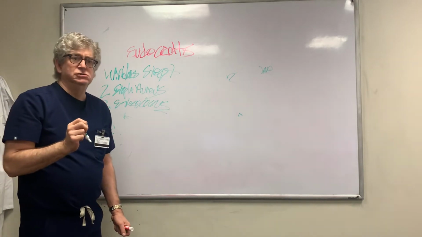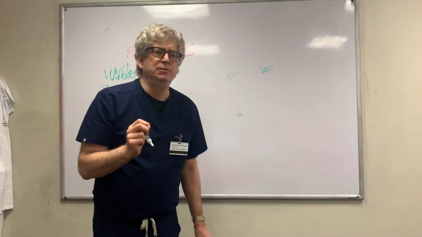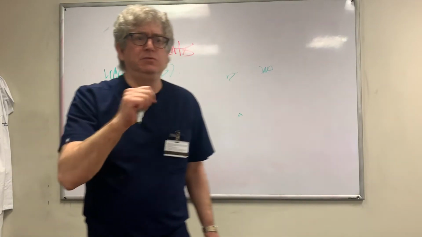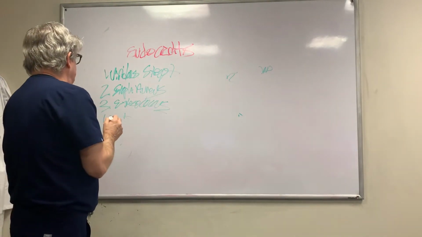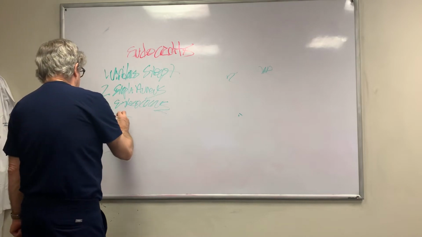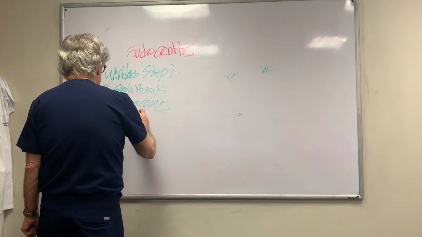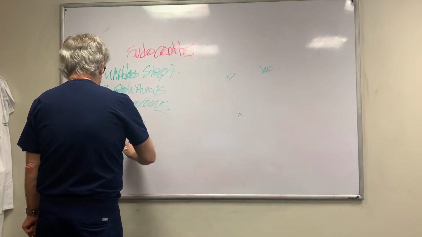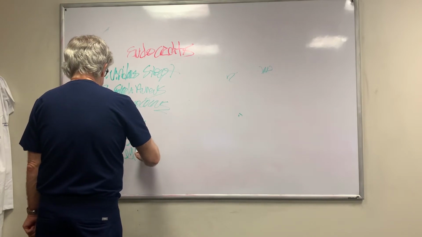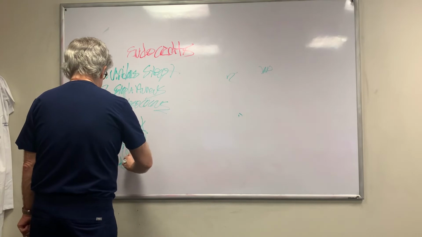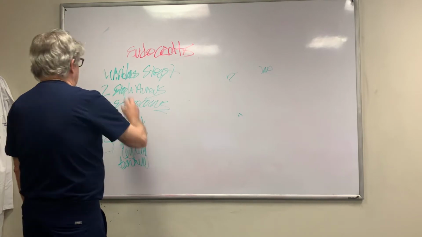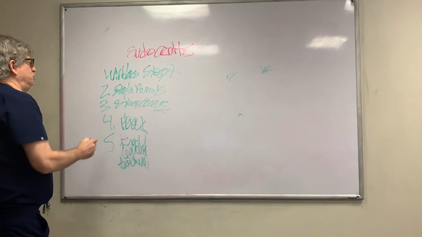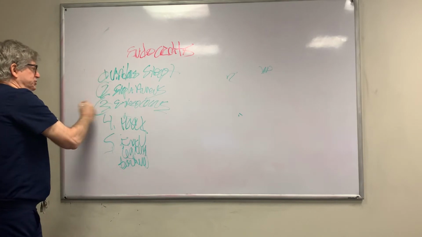Then you have other organisms that you can think of: HACEK, fungal, Legionella, Bartonella, Coxiella. I'm not going to go into that, but really the big group are Viridans strep, staph, and Enterococcus.